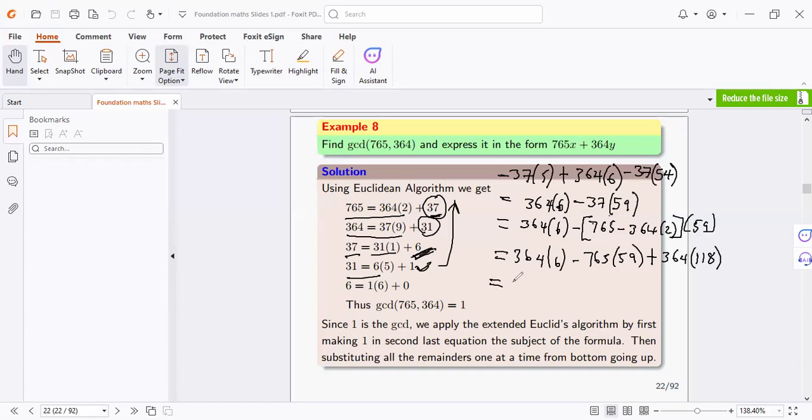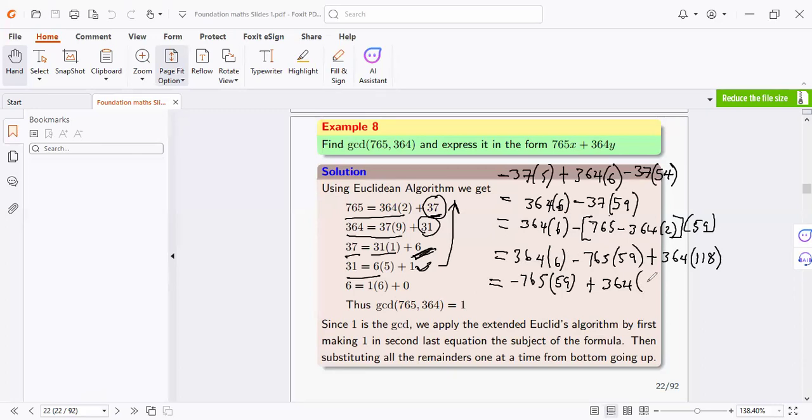Then collect like terms. Let me begin with the negative 765 multiplied by 59. And then these two put together, that will be plus 364. You'll go through the workings and see.